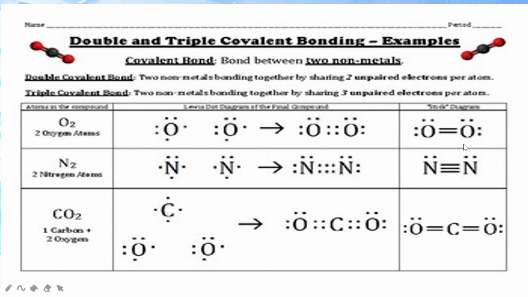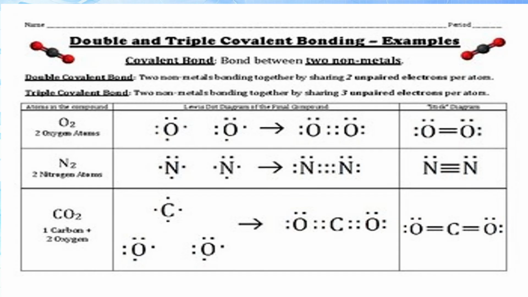Now it will become stable. And next, the nitrogen atoms. Nitrogen atoms, the triple bond. And also the carbon dioxide, as you can see on our structures. To become stable, they have to share their electrons with each other. So that is now our lesson.